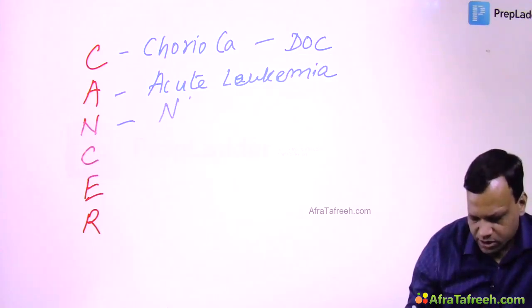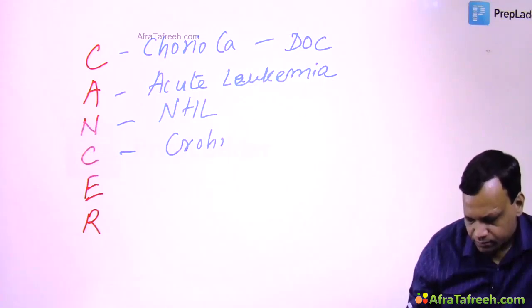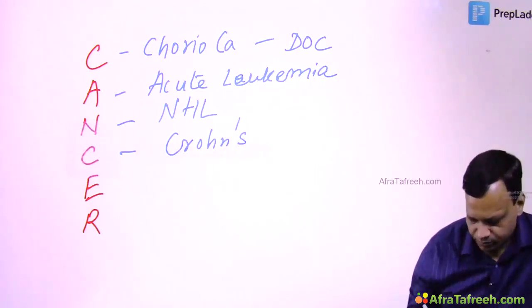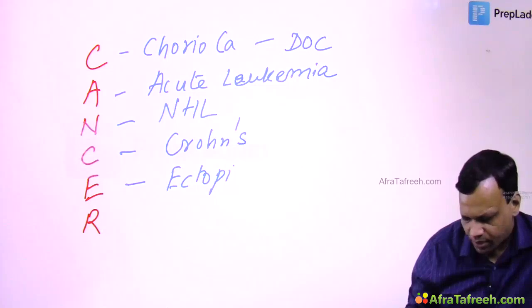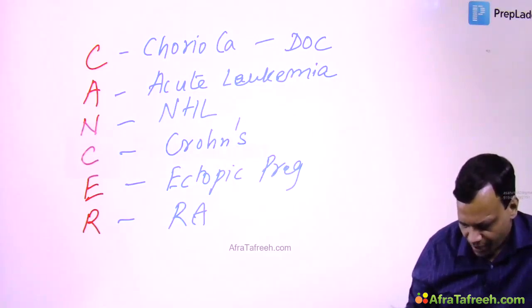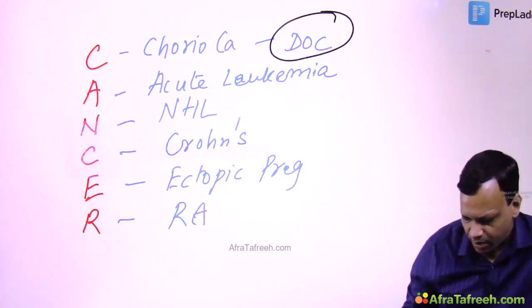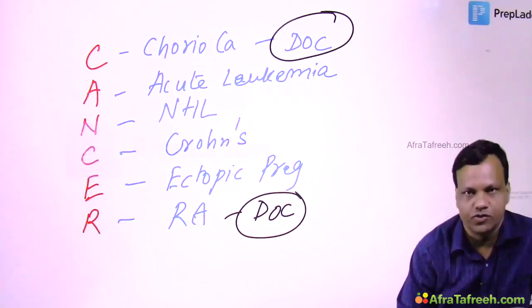N for non-Hodgkin's lymphoma. C for Crohn's disease, as an immunosuppressant. E for ectopic pregnancy. We can use it in ectopic pregnancy. And R for rheumatoid arthritis. So among these, the first and last are a must to remember because methotrexate is the drug of choice.